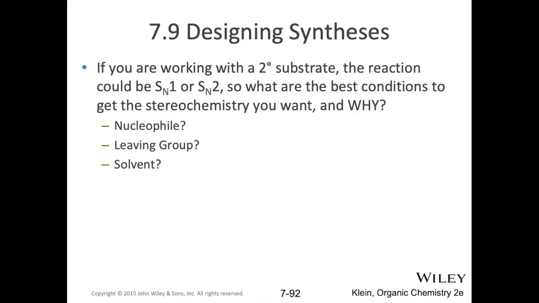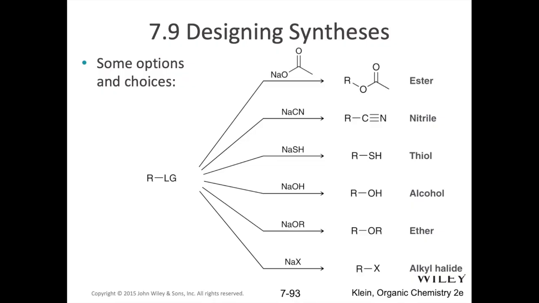In fact, you might even see a mixture of products. You might see some SN1, some SN2 products. And so, trying to force one versus the other, it's really important to pay attention to those other factors: your nucleophile, your leaving group, your solvent. You really want to try and control that if you want to control the mechanism that your secondary substrate is going to go through. So keep that in mind.